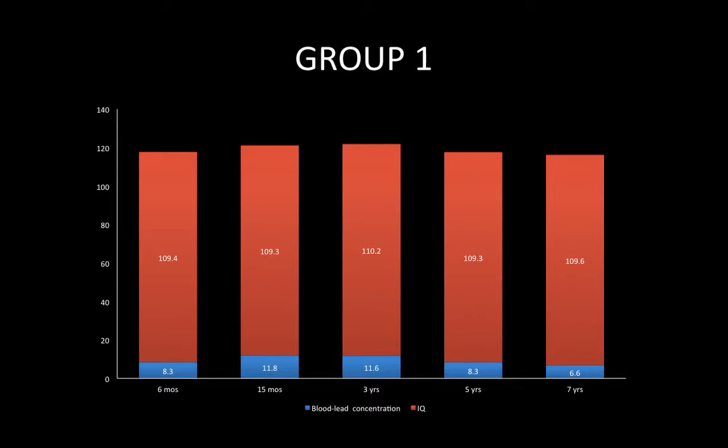The y-axis has increments of 20. And then I have color-coded. In blue, you can see what the blood level concentrations are at each measurement. And then you can see the corresponding IQ for that measurement. What you and your partner are going to do is create a graph for group 1, group 2, group 3, and group 4. And it should look just like this.